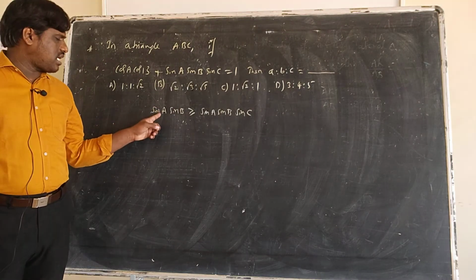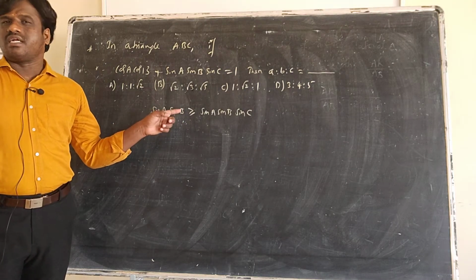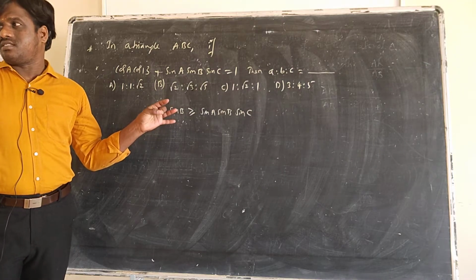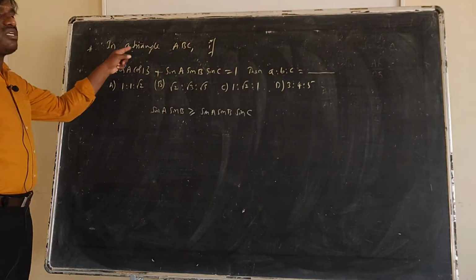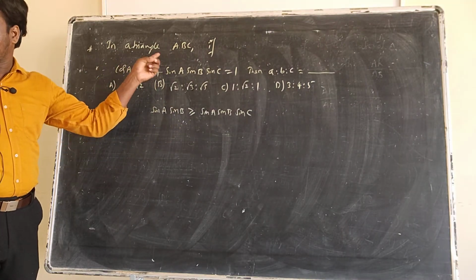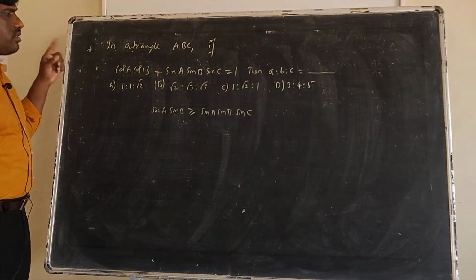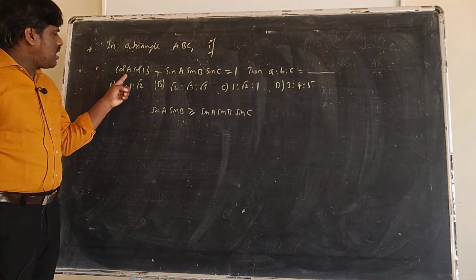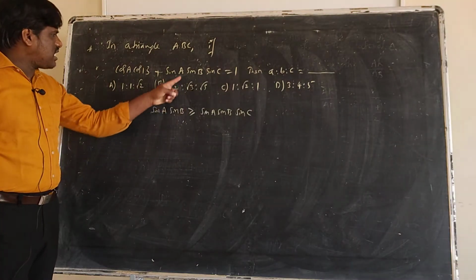So here sin A sin B will be greater than or equal to sin A sin B sin C. Okay. Now it is about triangle, that's why I am telling. If this is a triangle, in triangle this condition holds. If you have doubt, you can check the notes once. And if I want this condition, what is required extra here?